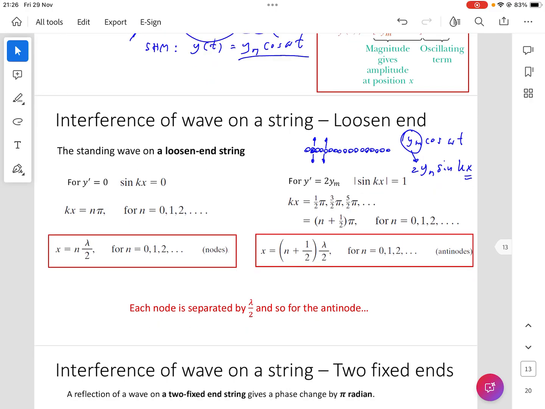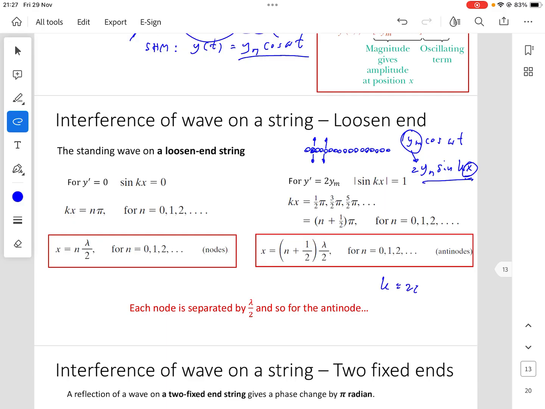I believe that you understand what I mean. Okay, and this 2ym sine kx has periodic properties. You know that k equals 2 pi divided by lambda, right?